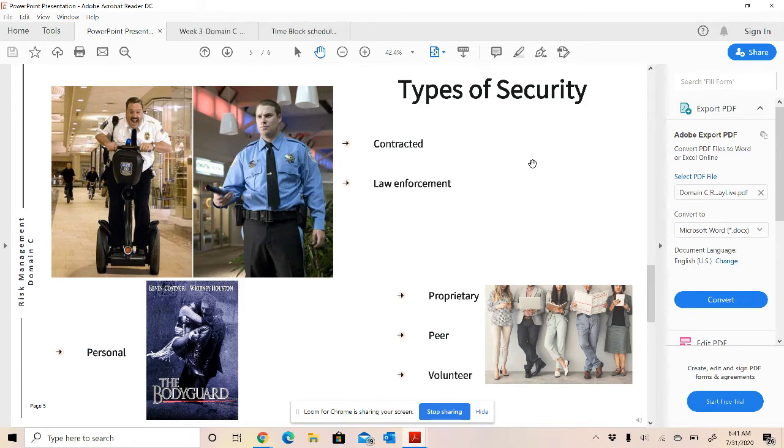And then proprietary, which is very similar to contracted. It's security personnel that either the venue or the organization hires. And then peer, that's people that are part of the meeting. Your peers generally look like you and dress like the meeting attendees.